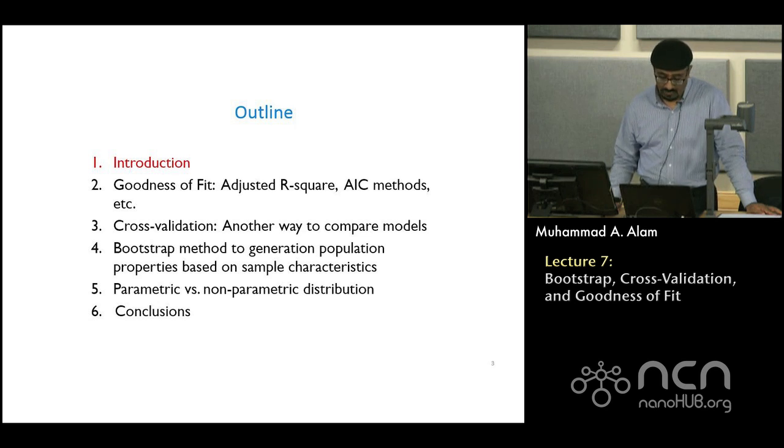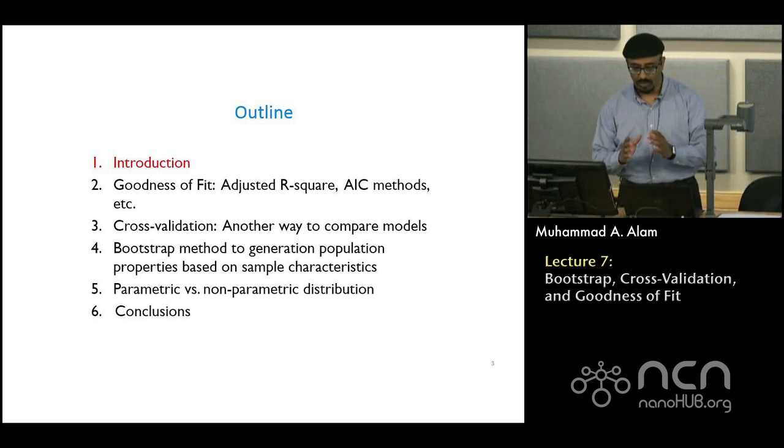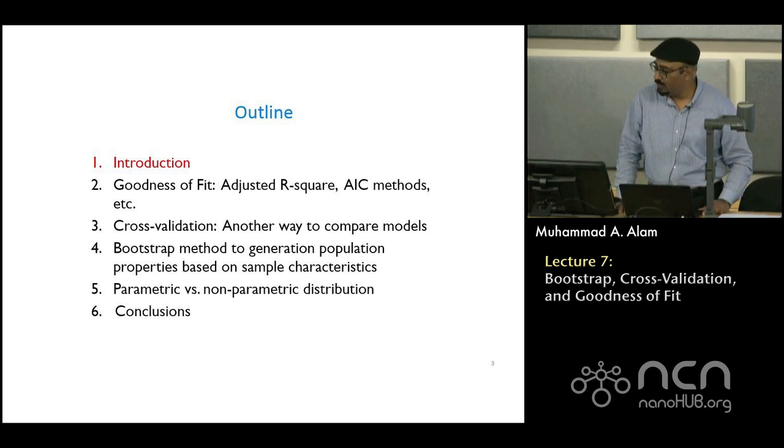And then cross-validation and bootstrap would be the other concepts that I want to introduce. They all belong to a class of computer-inspired statistics. These all came from the 1960s onward, once computers became powerful. So we'll discuss those things.